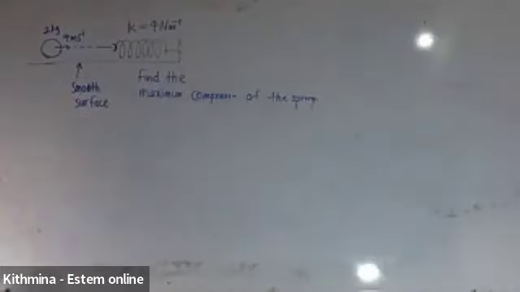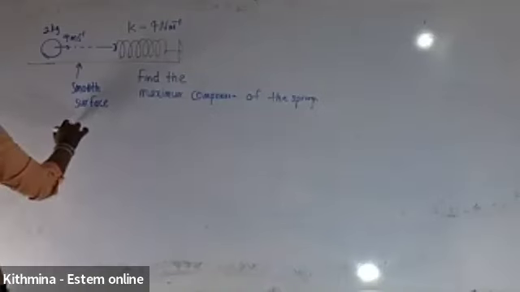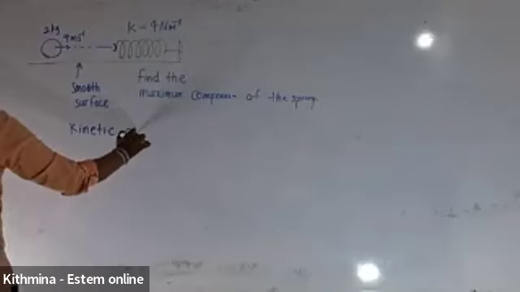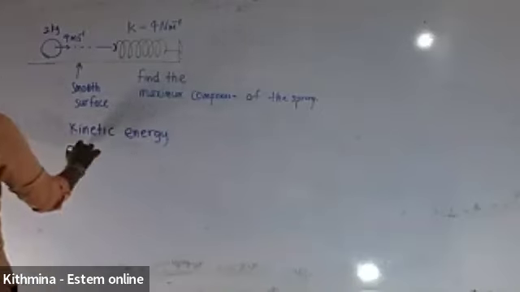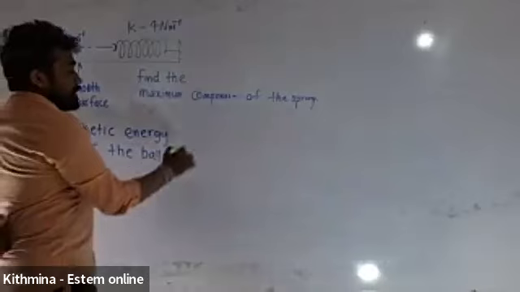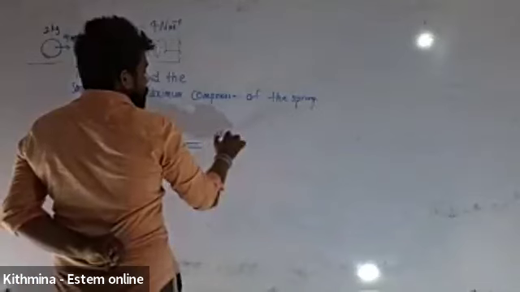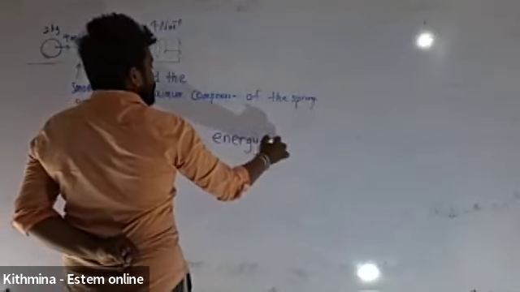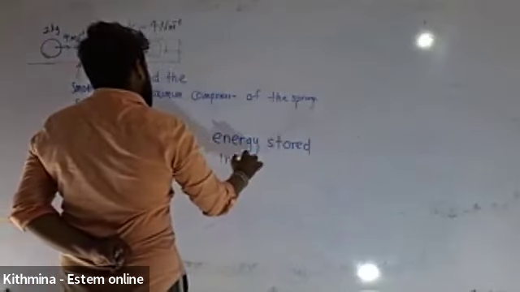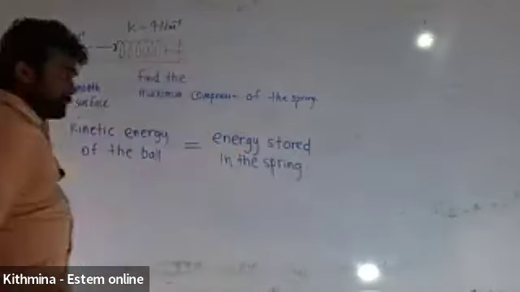Then we are going to solve this. Here, the energy conversion is this: the kinetic energy of the ball equals the energy stored in the spring.